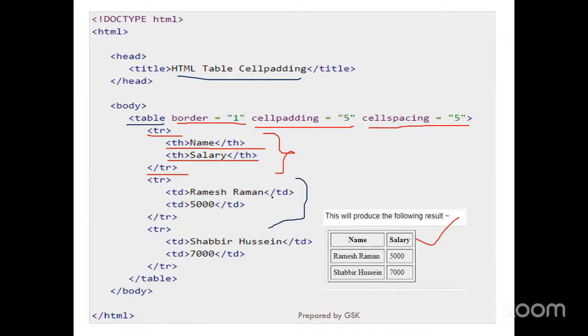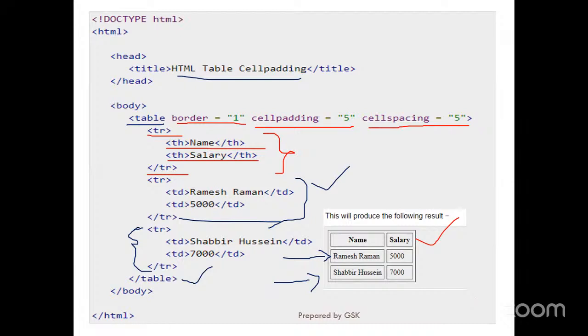Table data, Ramesh Raman, salary 5,000. TR close. Then the next table row, Hussein and 7,000. After that, I want to close the table tag, table, body close, HTML close.